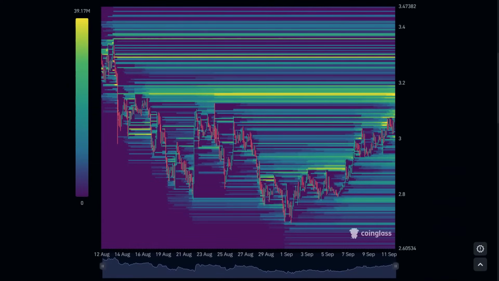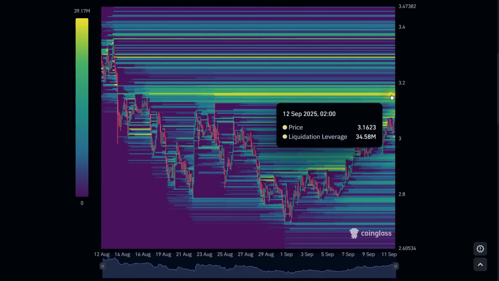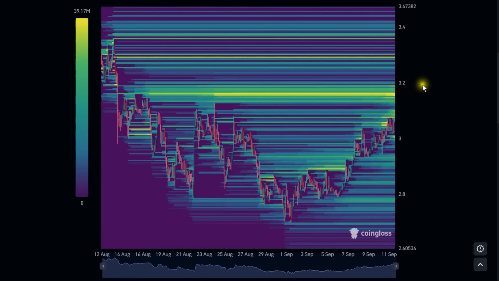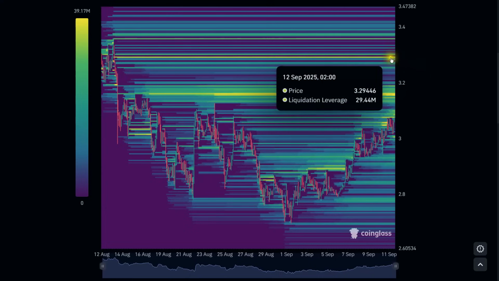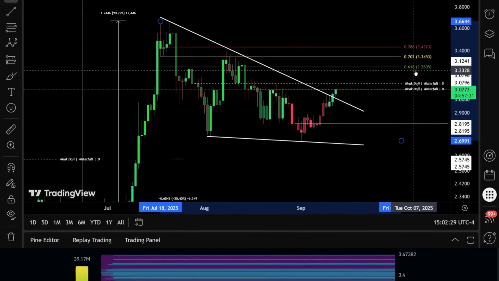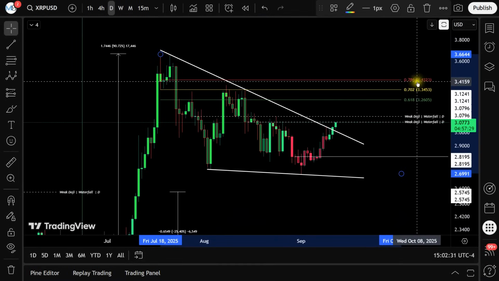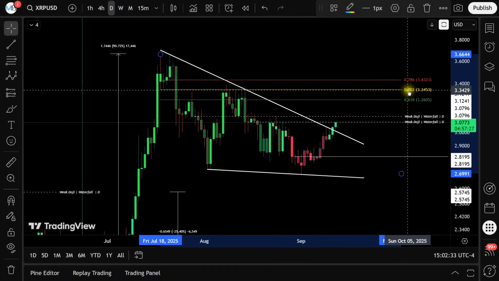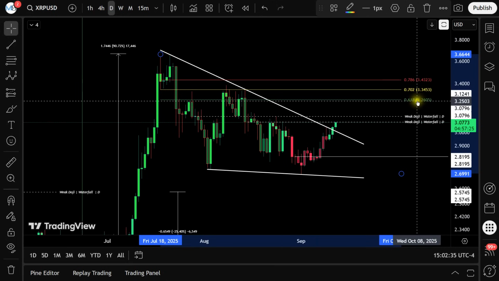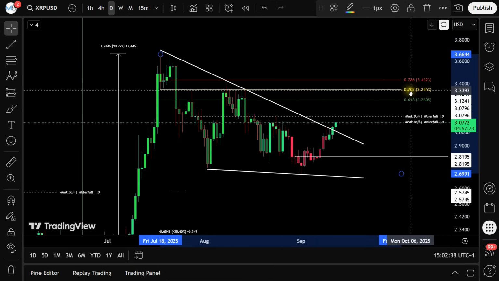If we then jump back to the heat map that we were just looking at, we can see the area we just talked about right here sitting at about that 316 area, but we also have another concentrated area of liquidity that is resting right here at about $3.29, which would be right in the area of these fib levels right here at the bottom, with 326 here up to 334 for the 702.